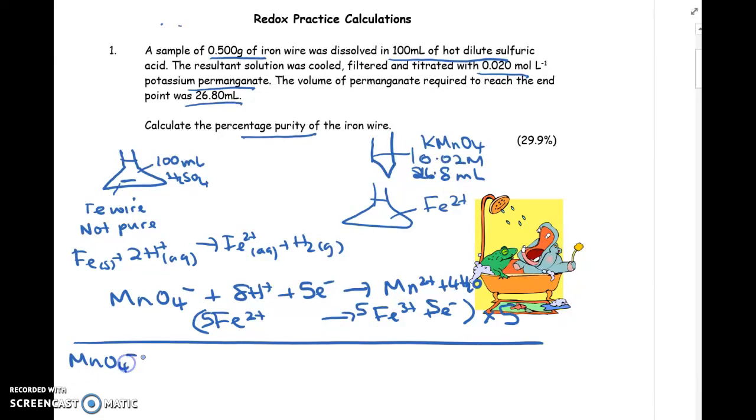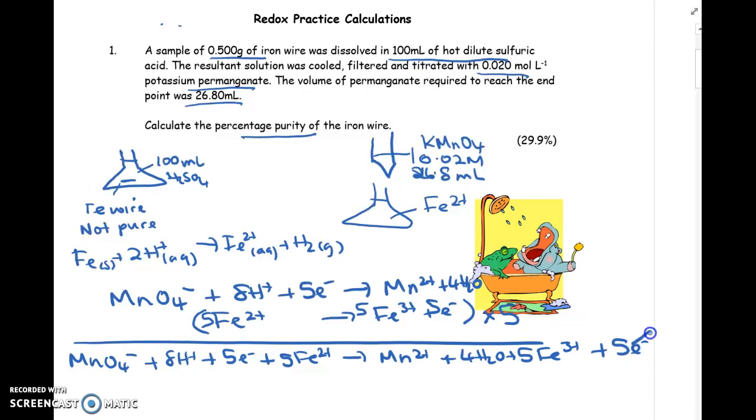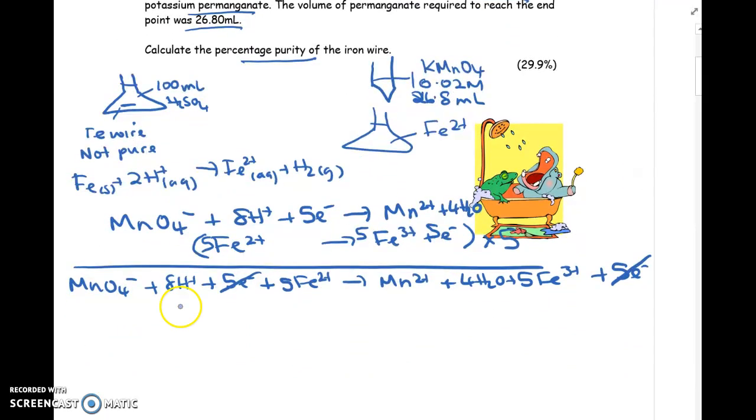Permanganate plus 8 hydrogen ions plus 5 electrons plus 5 iron 2 ions goes to manganese 2 ions plus 4 water plus 5 iron 3 ions plus 5 electrons. Now electrons cancel out, which is always a good thing, otherwise we've made a mistake.